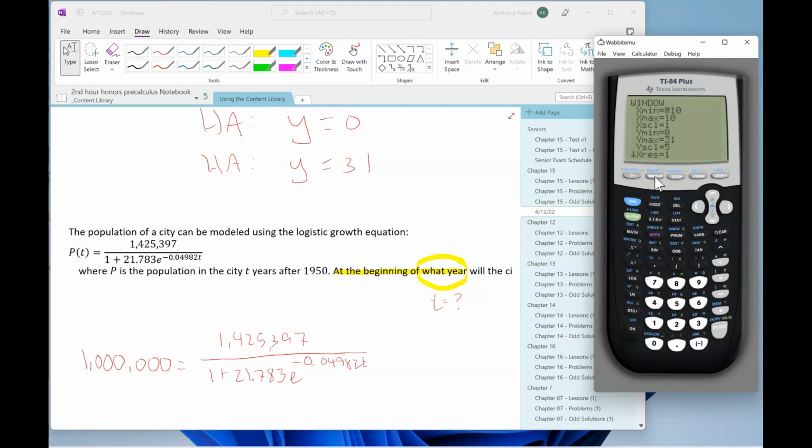Now I'm going to set my window. So, again, T is years after 1950, so time 0 is going to represent 1950. I don't know how long this is really going to take. So, I don't know, I'm going to guess 100 years or something.